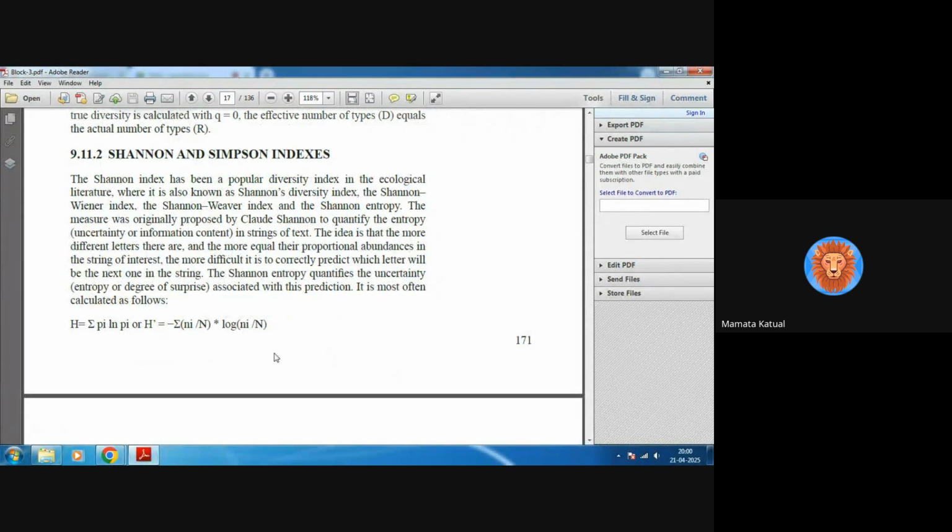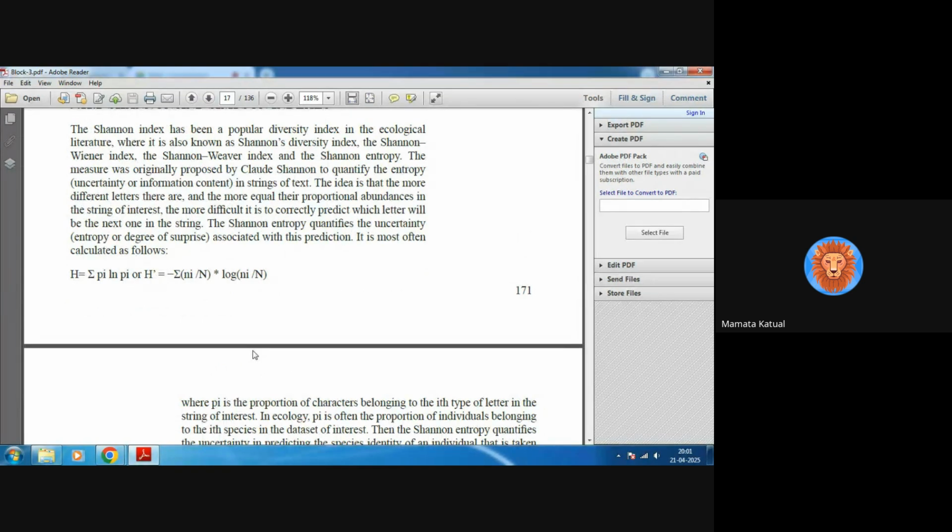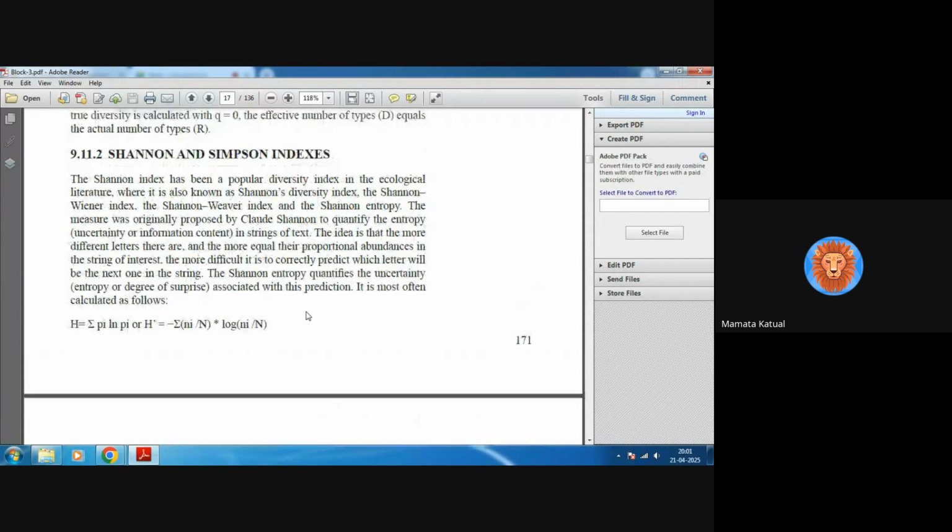The Shannon index is minus of summation of Ni divided by capital N into log of Ni divided by N. Ni is the abundance of a particular species, for example species A, and N is the total number of individuals. You multiply Ni divided by N with the log of Ni divided by N, and it will give you a number, and this number is known as the Shannon index.